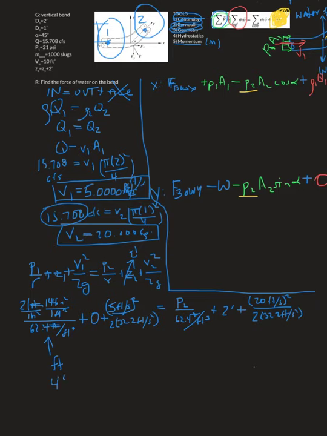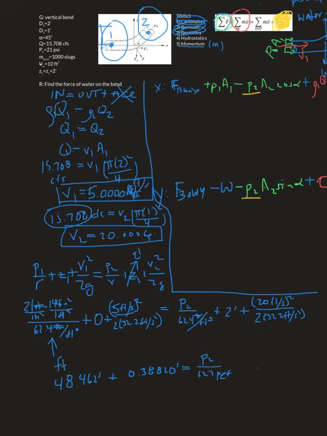I'm going to show these terms here. 0.38820 feet, plus 0 feet, plus... 48.462 feet equals, well, P2 over 62.4 PCF, plus 2 feet, plus 6.2111 feet. Okay, so a few things to note.